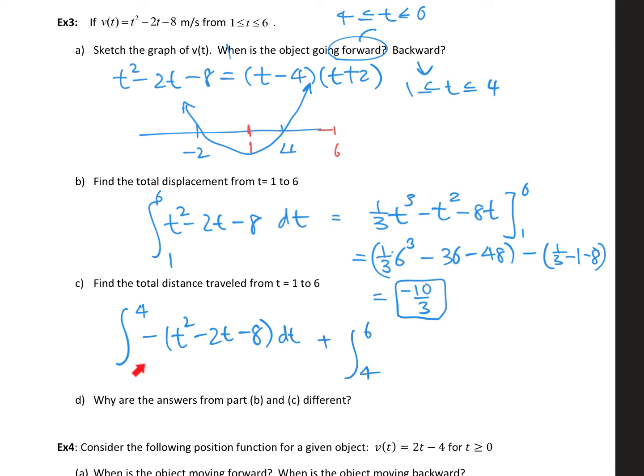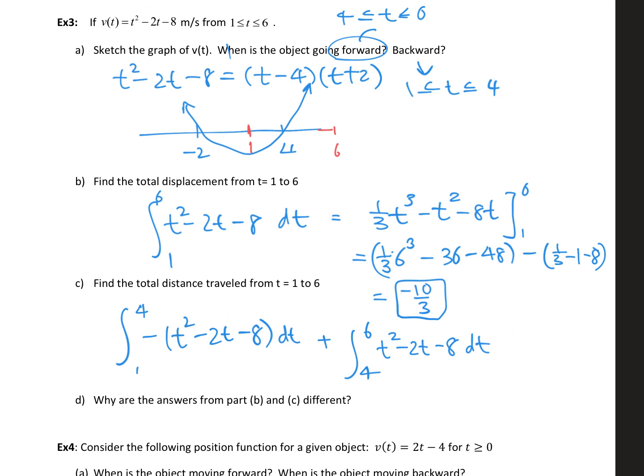Here it went from 1 to 4, now I'm going from 4 to 6. From 4 to 6, my function is positive, so I don't have to do anything. t squared minus 2t minus 8. I want to make sure I get a positive answer here, and a positive answer there. This is because now we're doing total distance traveled. So when you go even backward, I should count that as a positive distance, right?